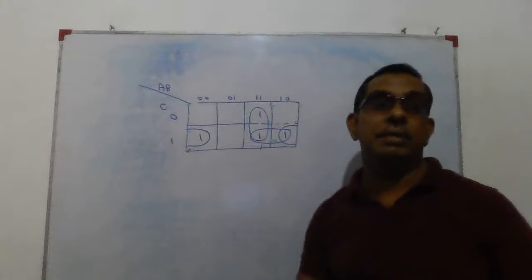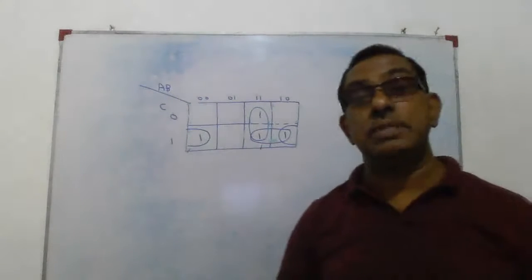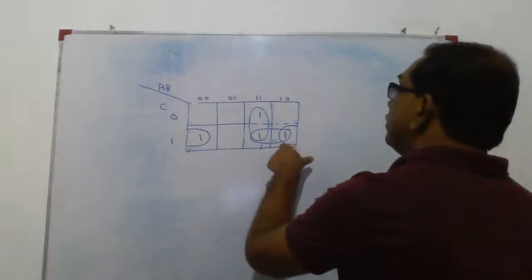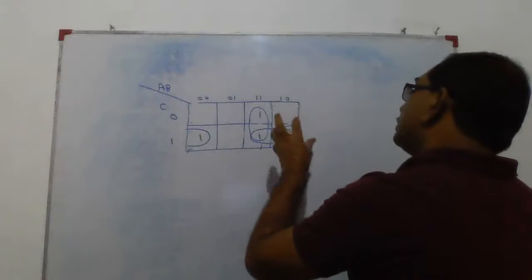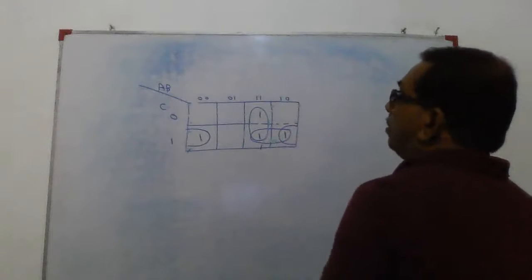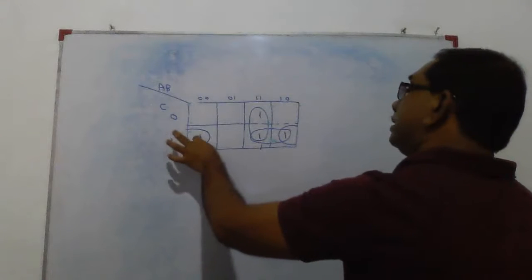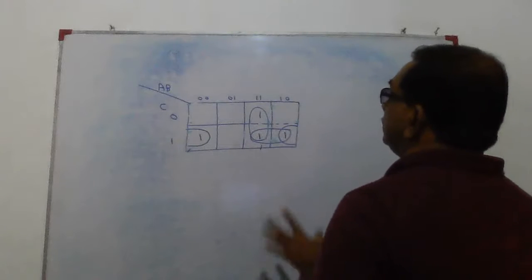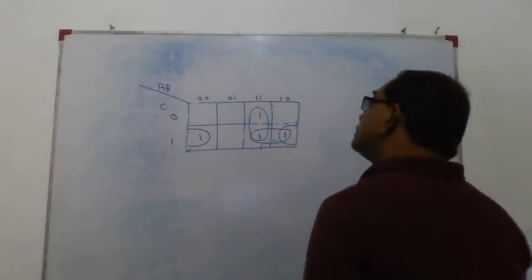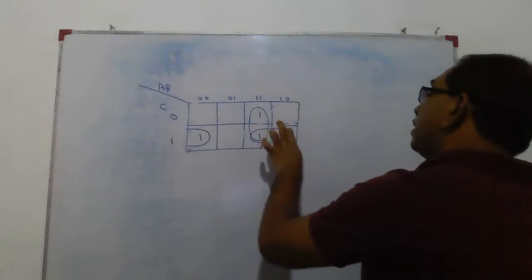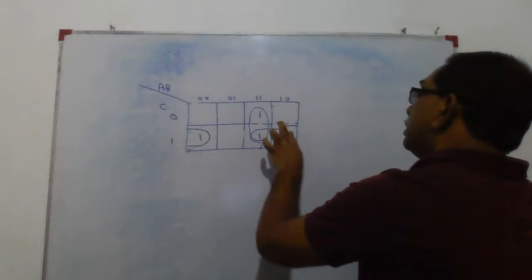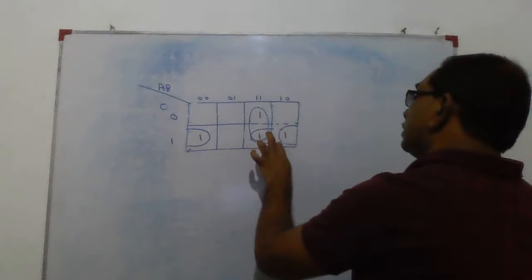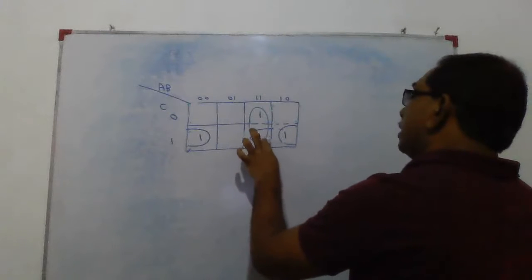In the earlier example we actually need 3 groups here, because if you remove this one, you are unable to get this one, so then we need these 2. But see, if I remove the middle one here, see what I can get.